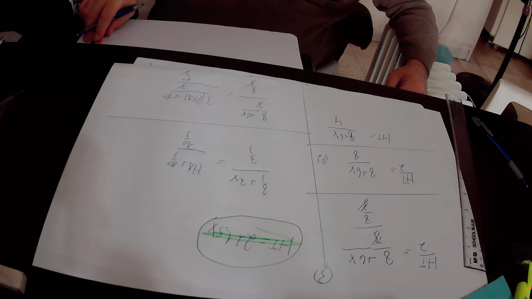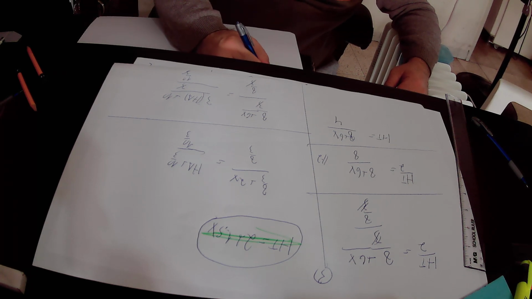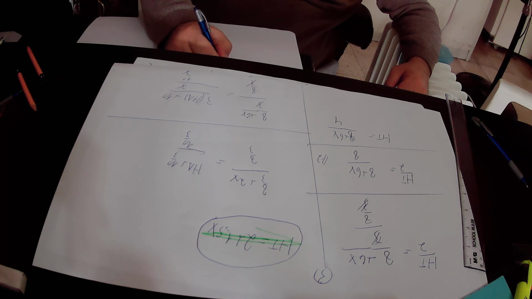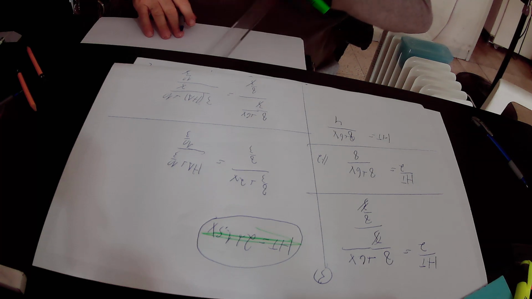And in common we found out that 8 plus 6x over 8 equals 3HA plus 10 over 10. Repeat again.